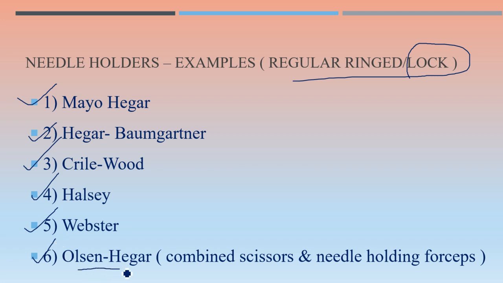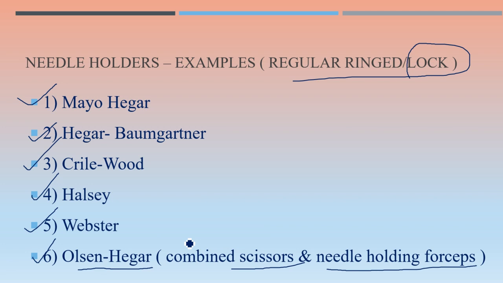A very important interesting point regarding the Olsen-Hegar needle holder is that it has a combined arrangement for scissors as well as a needle holding forceps. Whenever we want to cut something, we have scissors, and whenever we want to suture something, we have needle holding capacity also in this Olsen-Hegar type of needle holder, right?